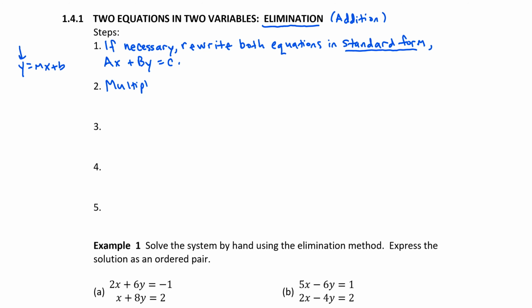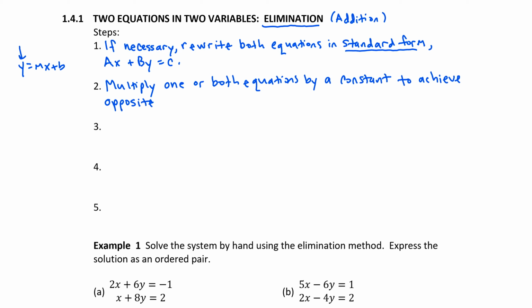Number 2, multiply one or both equations by a non-zero constant, so any number but 0, to achieve opposite coefficients for one variable.